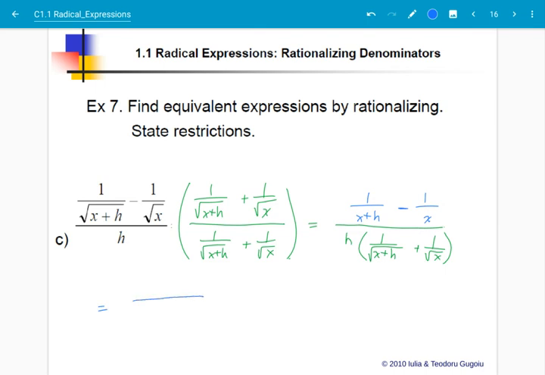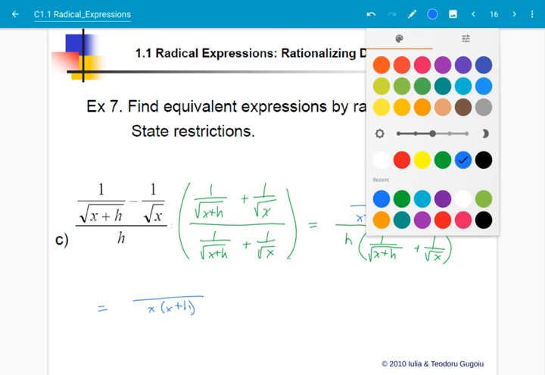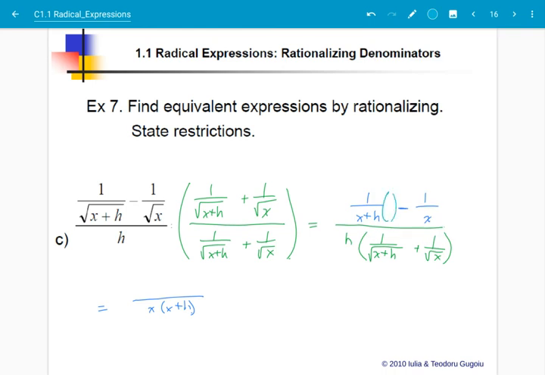So for the numerator, that'll be x times x plus h. So the first term, we're going to multiply by x plus h over x plus h, a special version of 1. Second one, x over x, right? So that we have a common denominator. We end up with x minus x plus h.